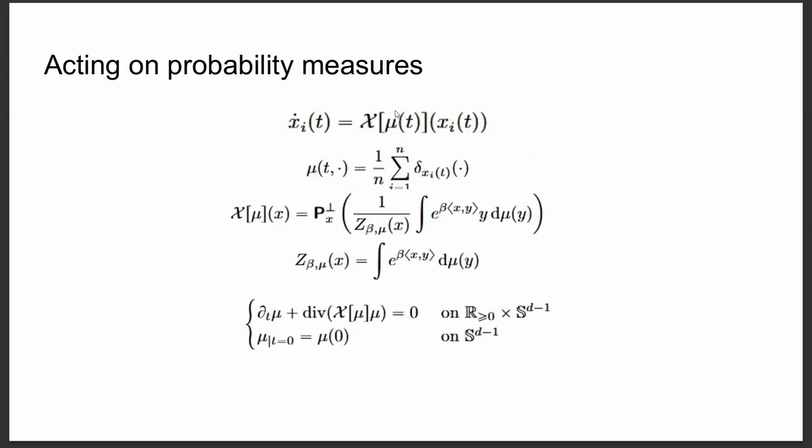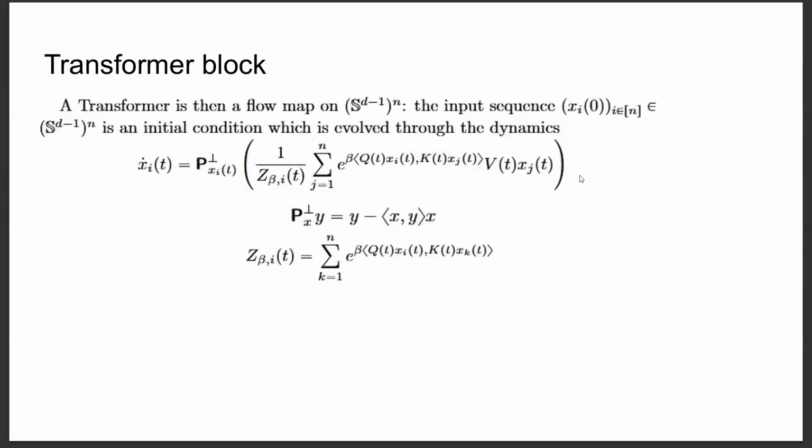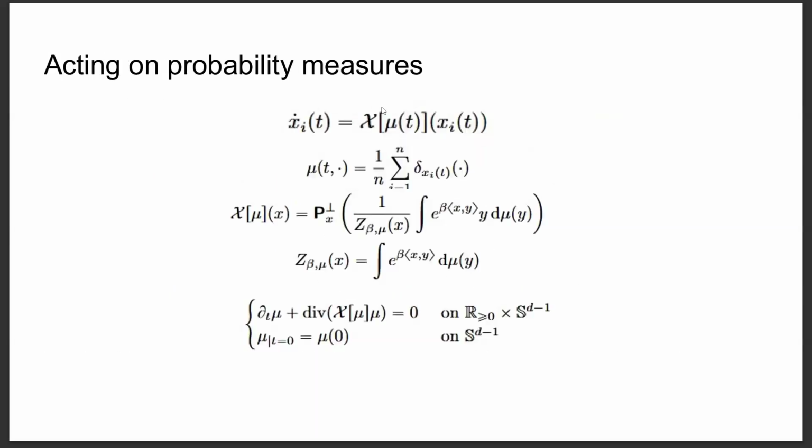So this dynamics acts on probability measures on your sphere. Let's call this manifold the multisphere, a product of n spheres.